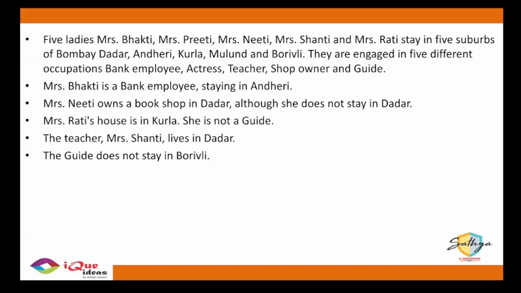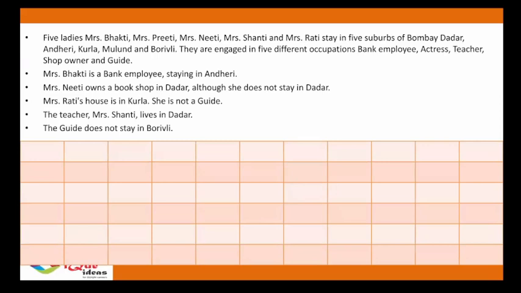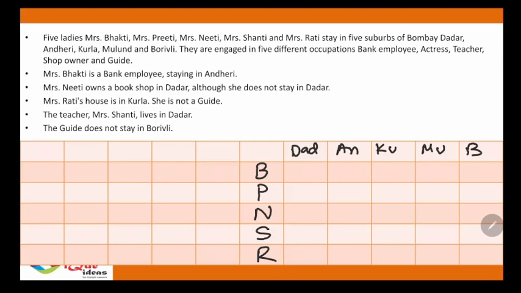Ultimate. So five ladies, and my ladies are Bhakti, Preeti, Neeti, Shanti and Rati, staying in five suburbs of Mumbai, that is Dadar, Andheri, Kurla, Mulund and Borivali, and five different occupations: bank employee, actress, teacher, shop owner and guide. So Mrs. Bhakti is a bank employee.